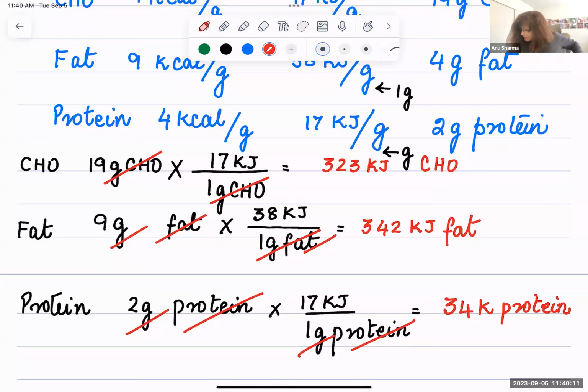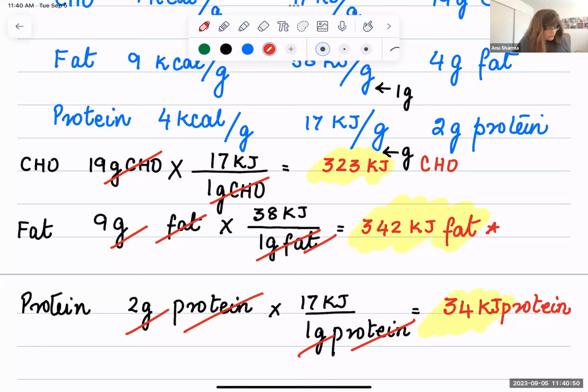There seems to be a discrepancy in the answer in the book with regard to the fat. The book says 150. The other one is 320, and my 323 is okay. For protein I have 34, and the book gives 30. So the book's answer is different.